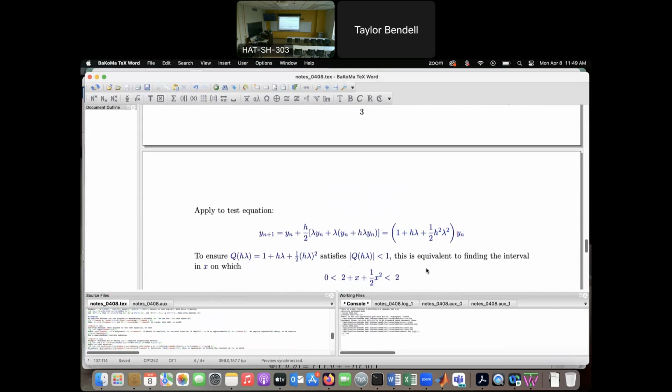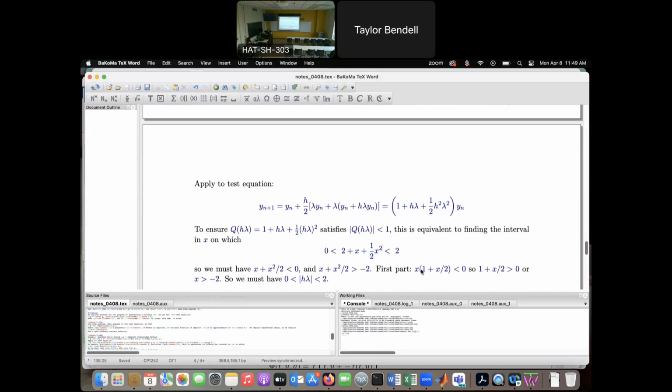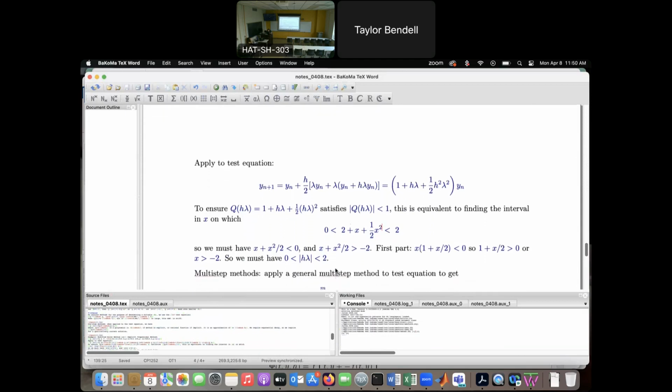Now, that's equivalent to determining for what x is this function of x strictly between 0 and 2. And through some algebra here that I won't get into, we end up having h lambda in absolute value has to be strictly between 0 and 2. So the larger lambda is, the more stiff the problem is, the smaller h must be to ensure a solution with the correct behavior, that is decaying when the exact solution is also supposed to decay.